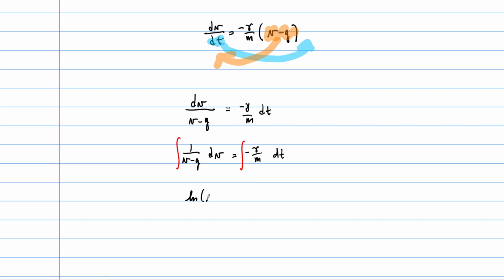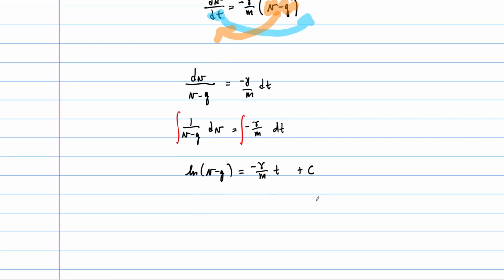This ends up being natural log of v minus g, and this side is constant, right? Gamma and m are constants. So this ends up being minus gamma over m times t, and somewhere here we need an unknown constant, so I'll put it over here, plus c.